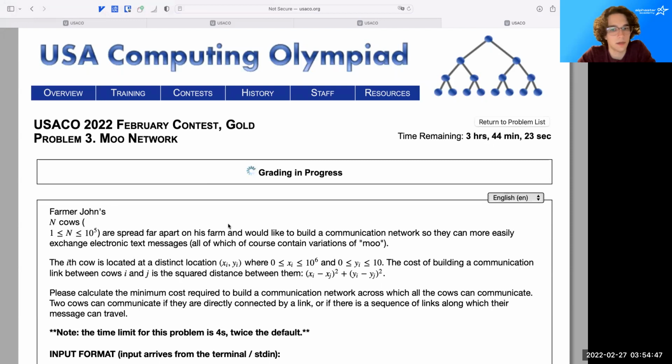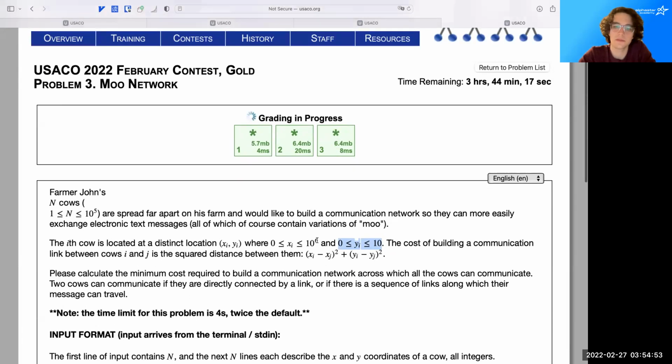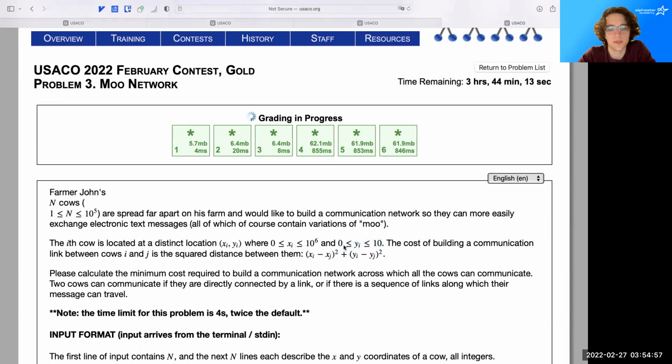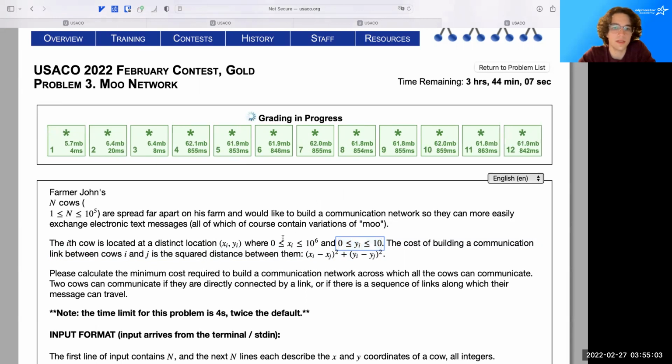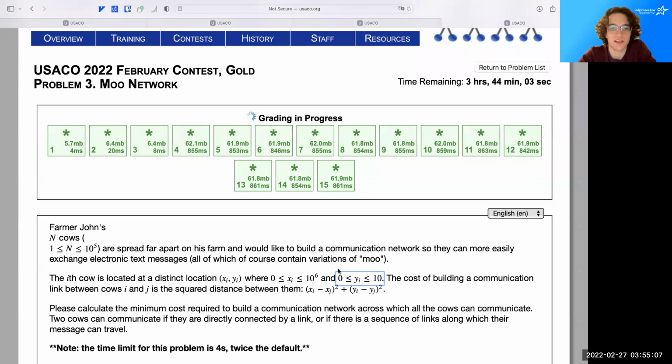This seems like a really simple problem, especially for gold, because if the trick is just realizing why the y's are bounded, it seems like this is meant to be a pretty easy problem. The other thing I thought when I saw y less than or equal to 10 is maybe you do some sort of bitmask DP down the grid, but once you realize MST just works, I guess, that's it.